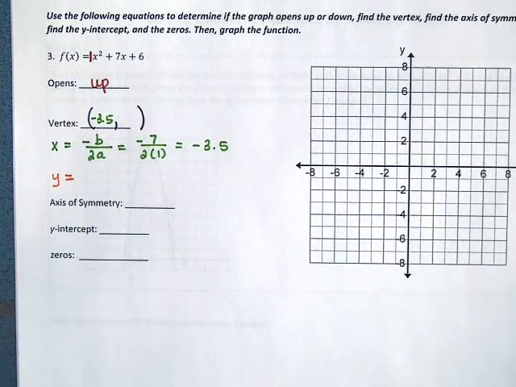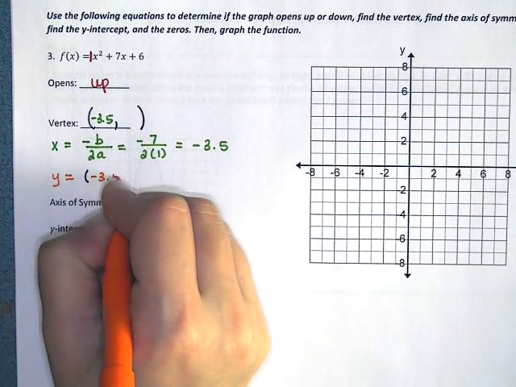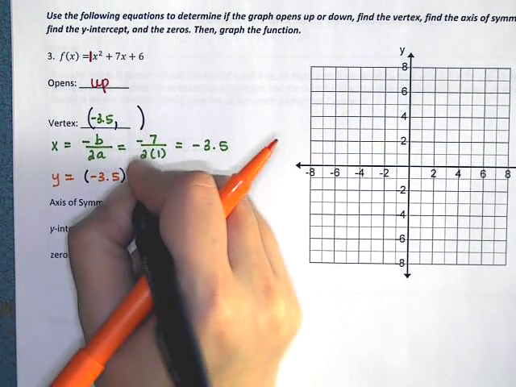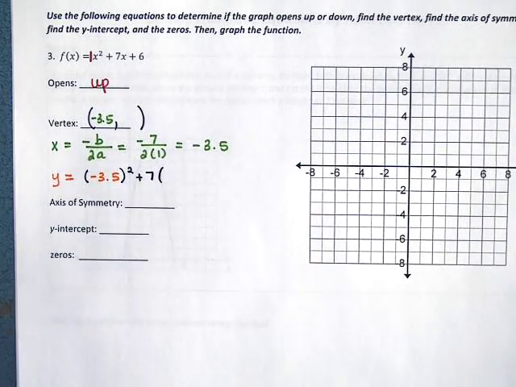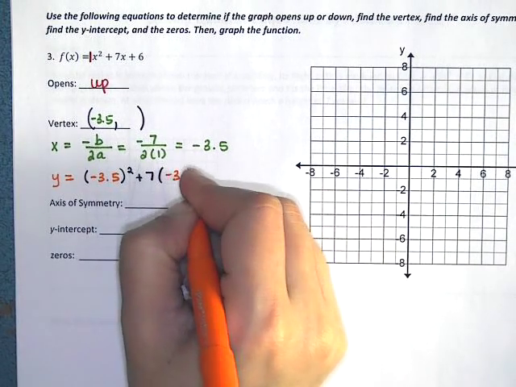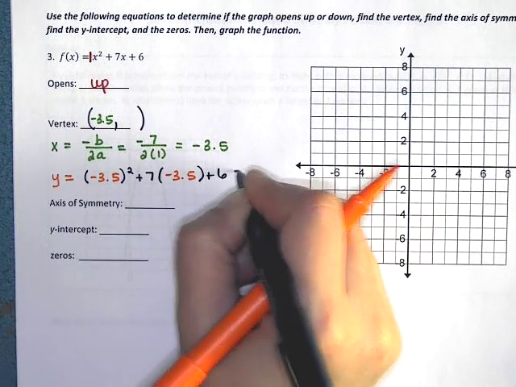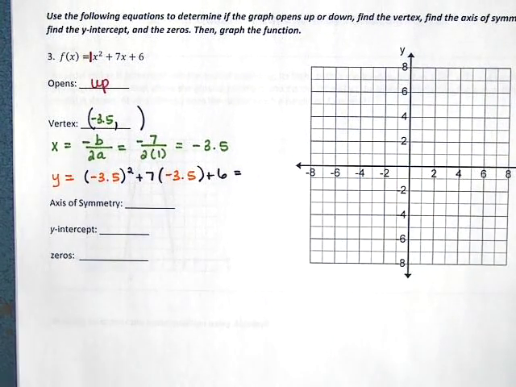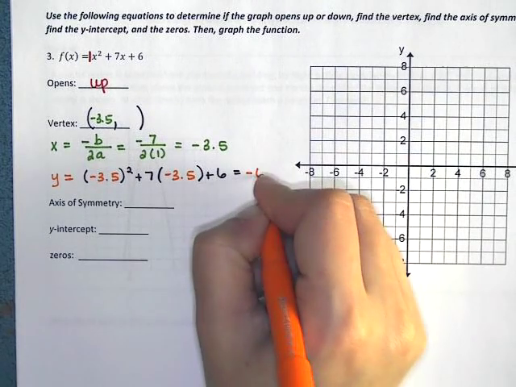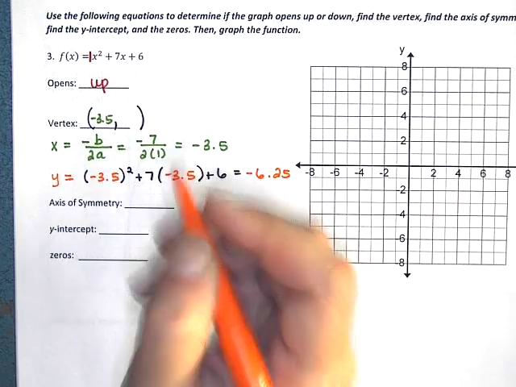So y will equal negative 3.5 squared plus 7 times negative 3.5 plus 6, which when I type that into my calculator, gives me negative 6.25.